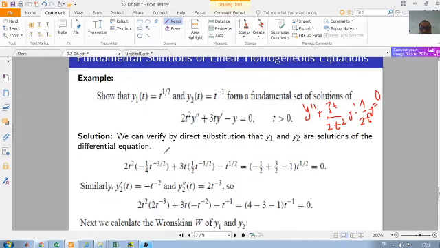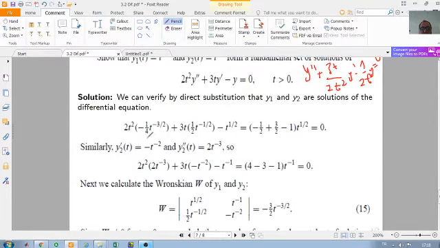So we find the second derivative and first derivative of this function and we put them into the equation, and if we get 0 for the left hand side, that means y1 is a solution. So the second derivative will be this one.